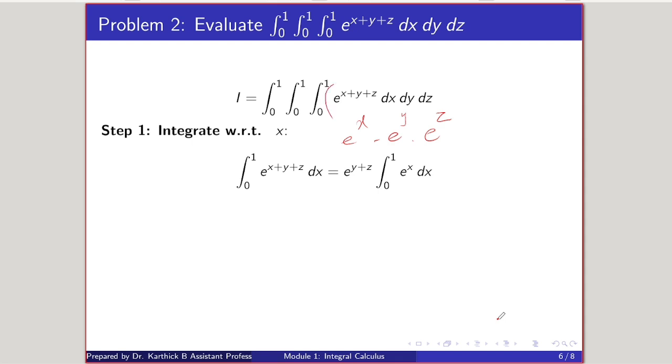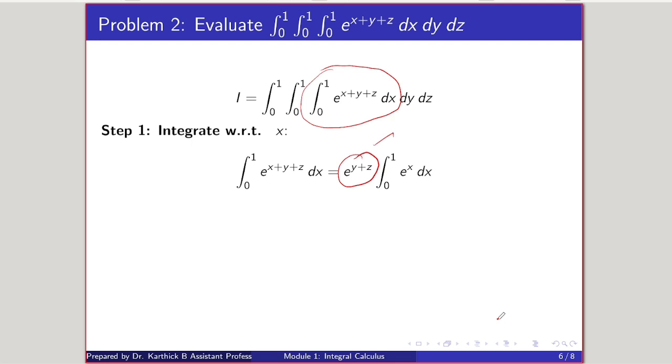First of all, I am going to integrate this function with respect to x alone. So I need the e power x alone, and the remaining I may keep as a constant. So first I am taking the inner integral alone. This is our inner integral. I am keeping e power y plus z as a constant, and I am separating the function e power x.